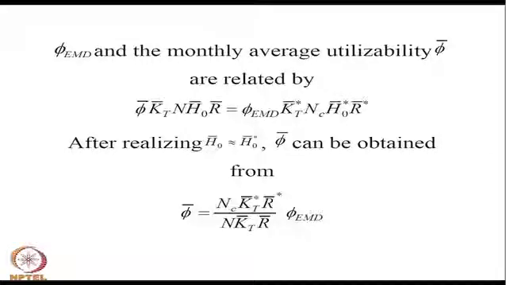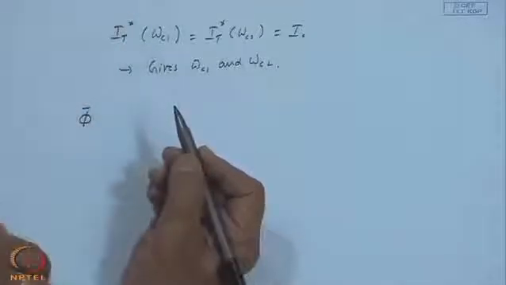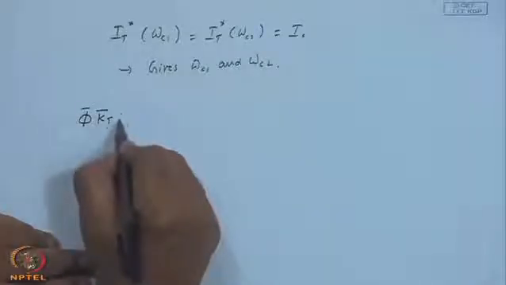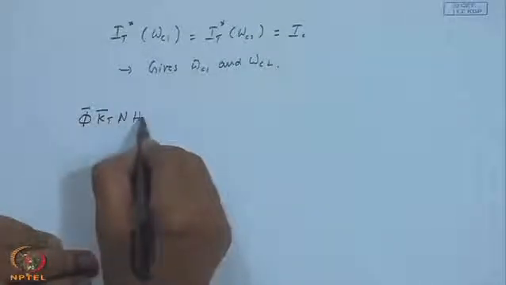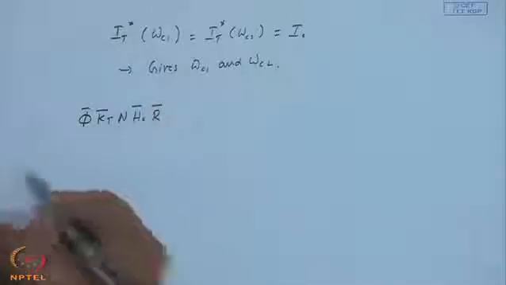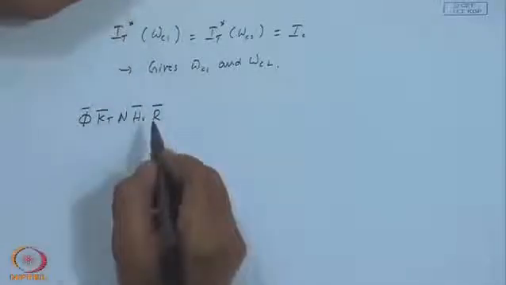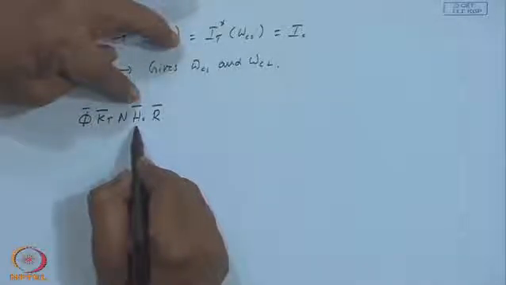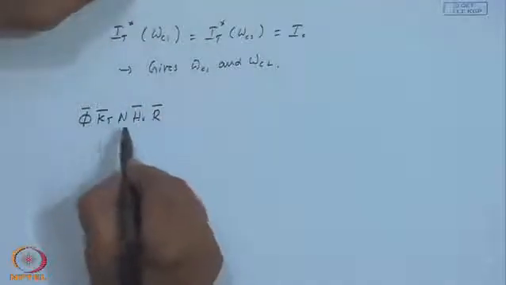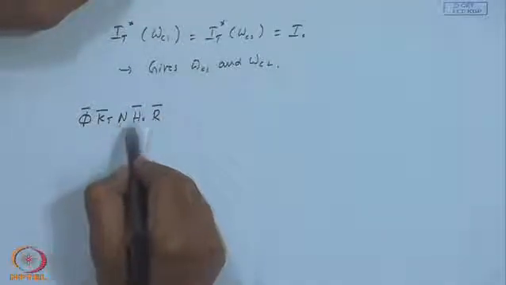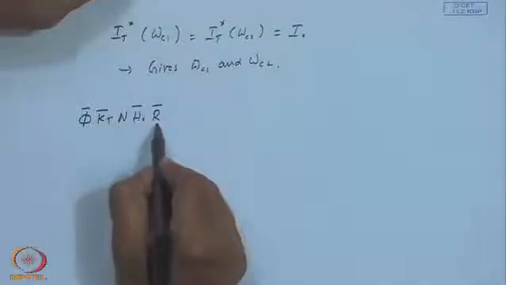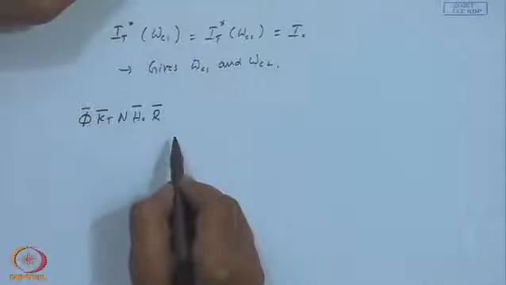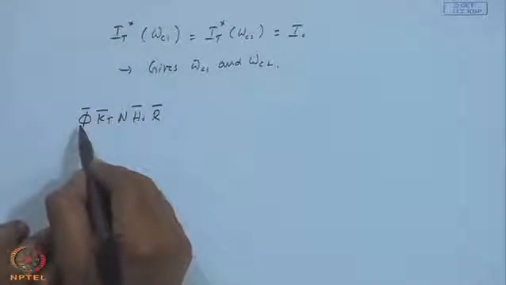So, now the monthly average daily utilizability with which we have been discussing all the time, that multiplied by the solar radiation falling on the collector surface, right. I have deliberately written in terms of the non-dimensional clearness index and the analytically calculable extraterrestrial radiation average, multiplied by the number of days in the month, multiplied by the average tilt factor R bar, multiplied by utilizability is nothing but the solar radiation available above the critical level based upon the monthly average daily utilizability.